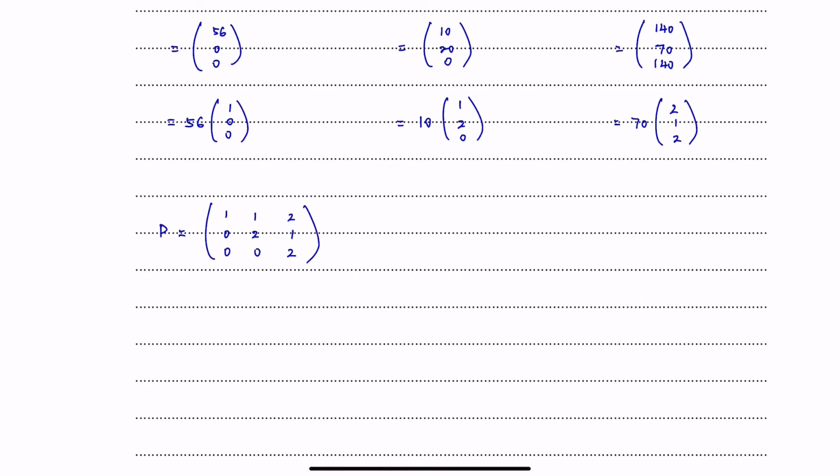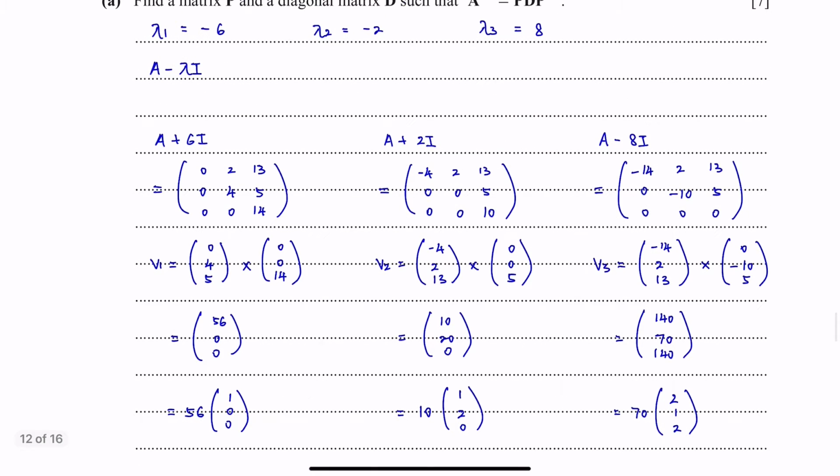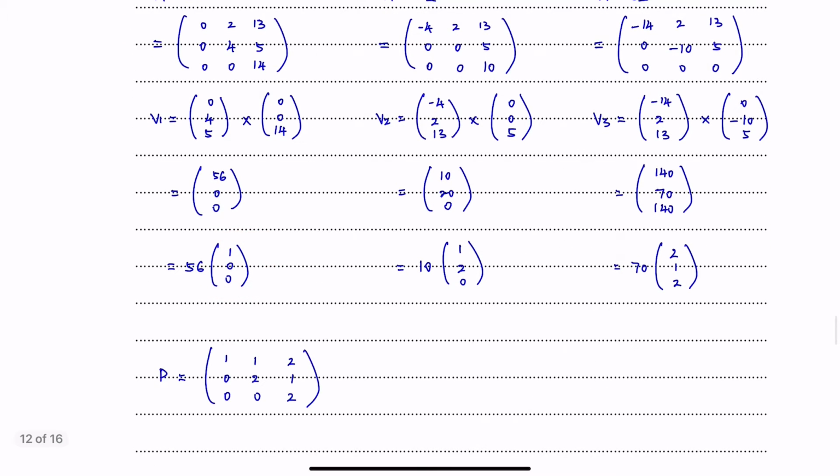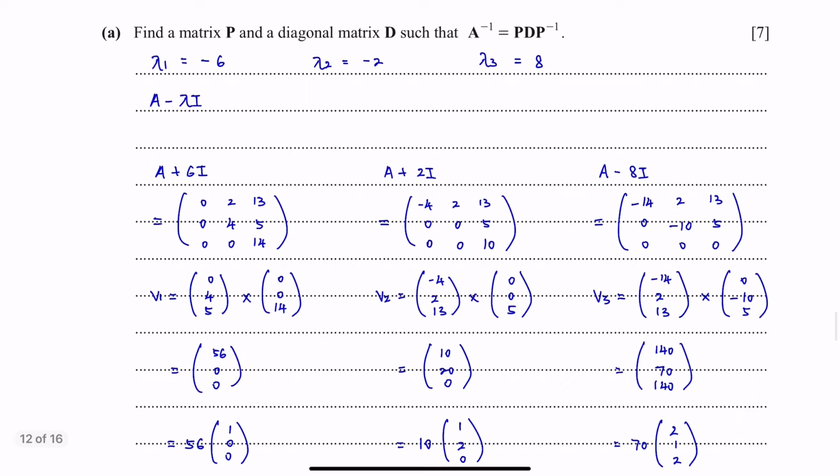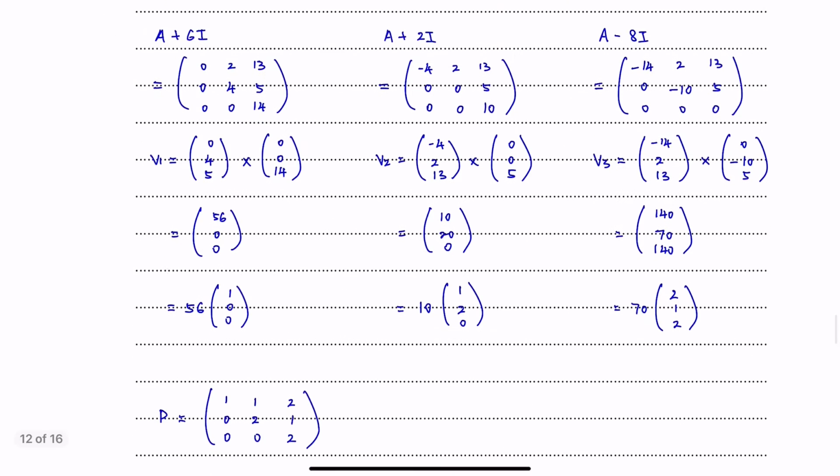Okay, if your first eigenvalue is -6, your first eigenvector should be 1, 0, 0, and this should be put at the first column. Obviously, if you choose, let's say, 8 as your first eigenvalue, then you will have 2, 1, 2 as your first eigenvector. Then 2, 1, 2 should be put at the first column.